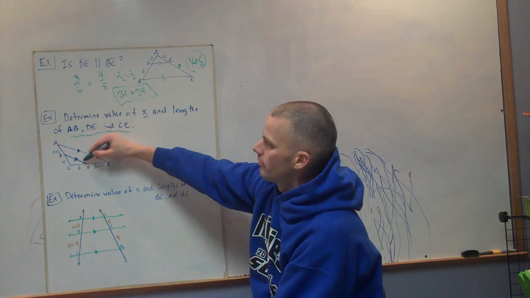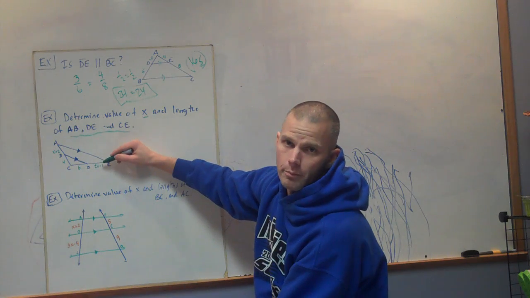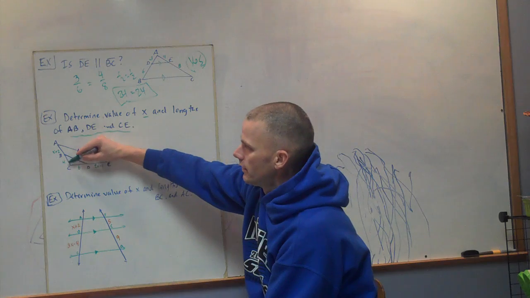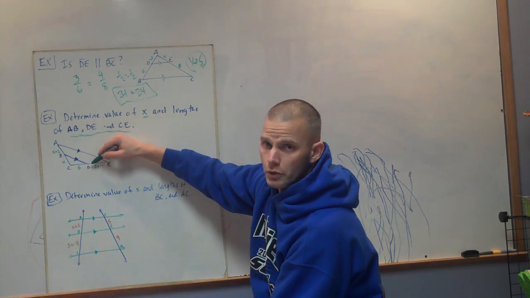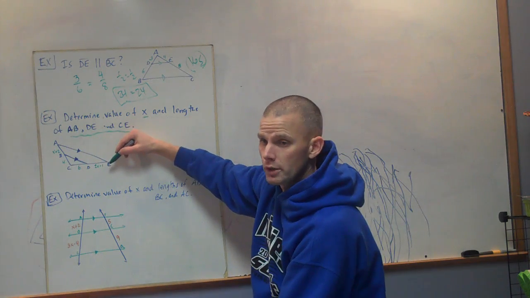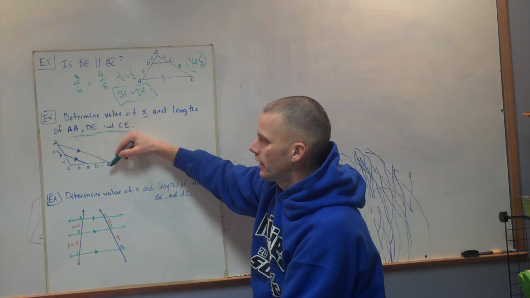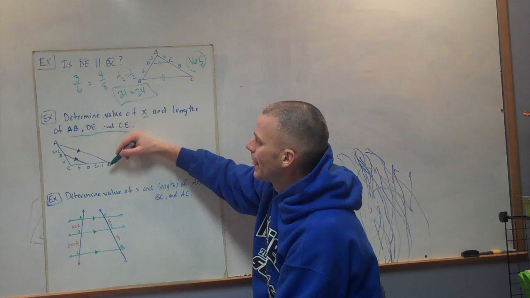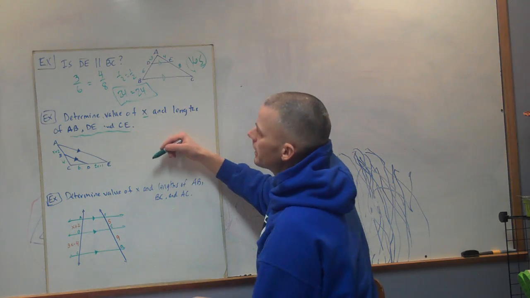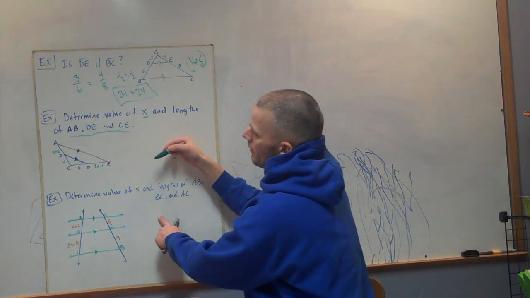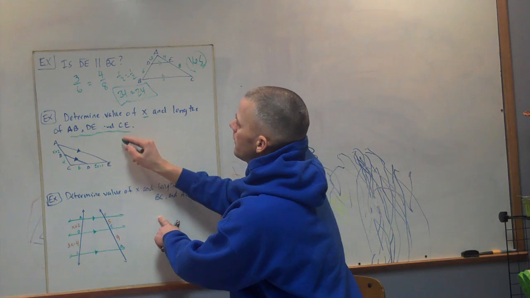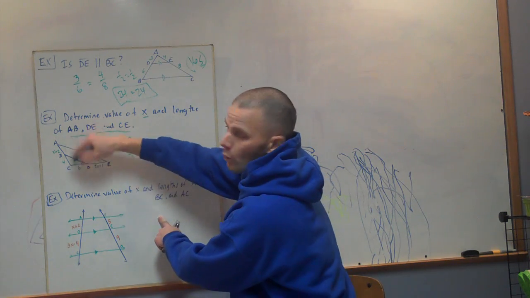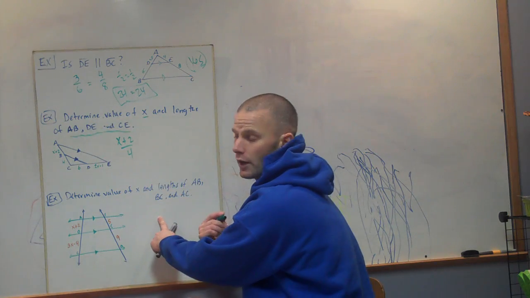Because I've got a pair of parallel segments here, I know that these segments are proportional, and so I should be able to set up a proportion to show that the corresponding segments are in fact going to be equivalent. Again, multiple ways you can go about it. I'm going to stick with starting out with x plus 2 and comparing that to 4, so I'm sticking with one side of my triangle.